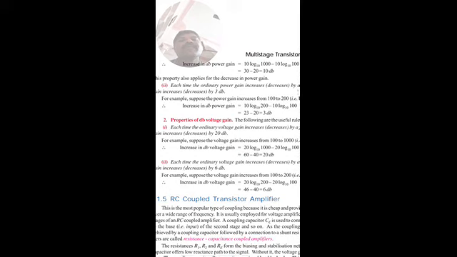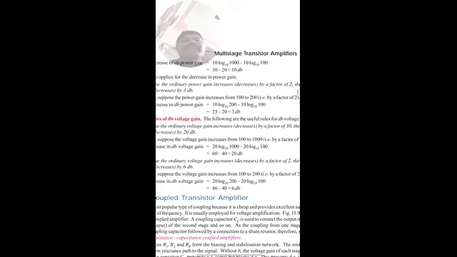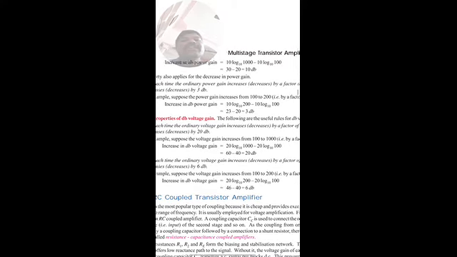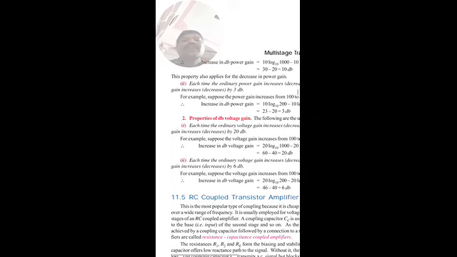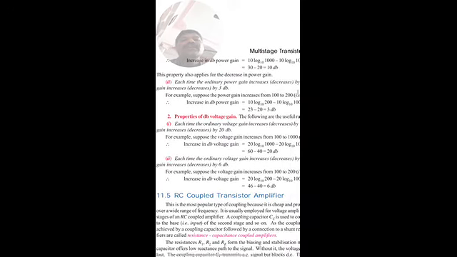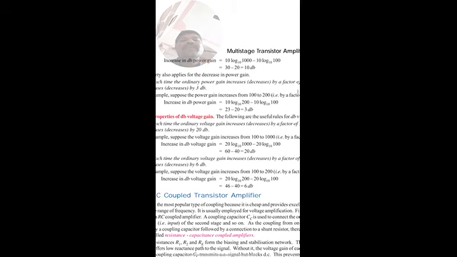Similarly, for voltage gain representation, when the ordinary voltage gain increases or decreases by a factor of 10, the dB voltage gain increases or decreases by 20 dB. Suppose the voltage gain increases from 100 to 1000 by a factor of 10.